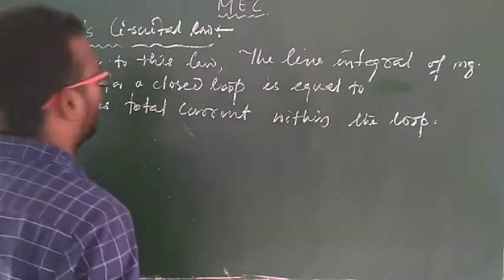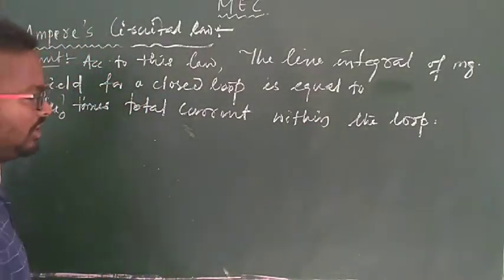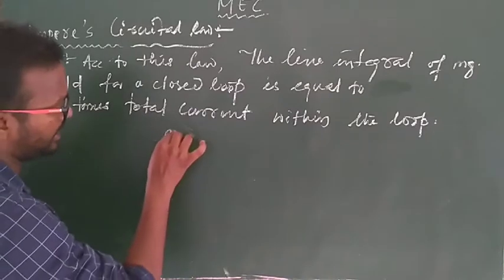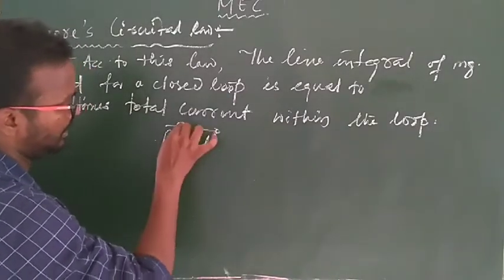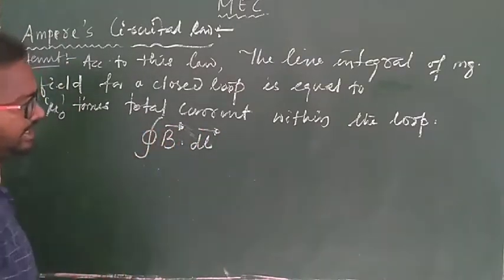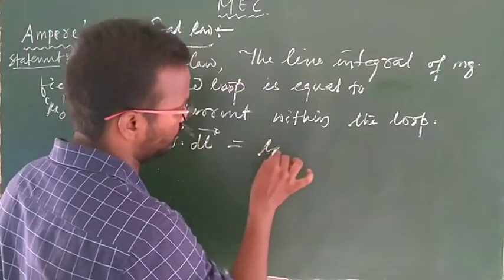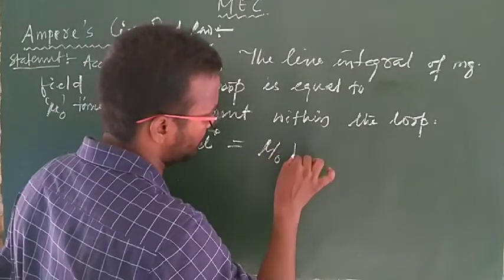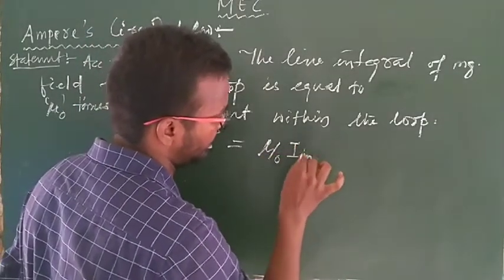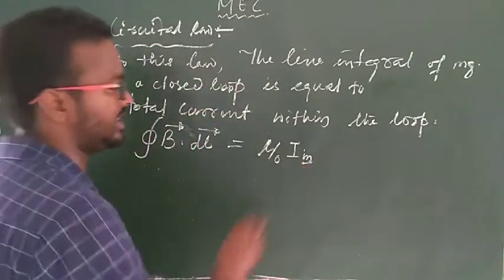Its mathematical formula can be written as the line integral of B dot dl, which is equal to mu naught times total current enclosed within the loop.